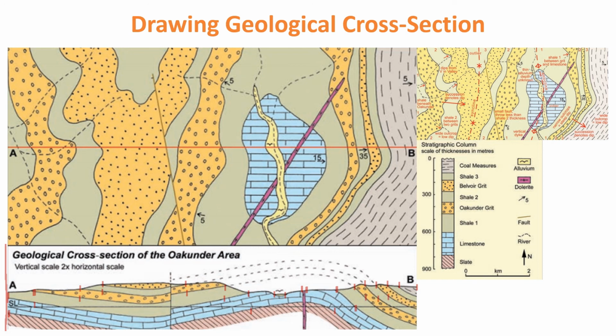So after projecting the thickness, it is safe for us to connect, or no, let's first consult our initial interpretation in this map. So we have assumed that in this part we have a syncline.